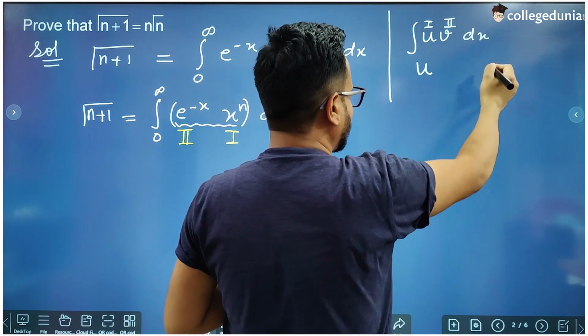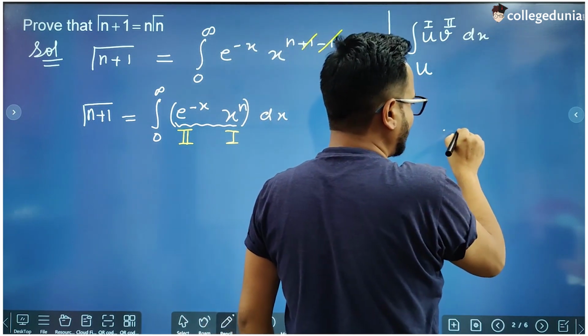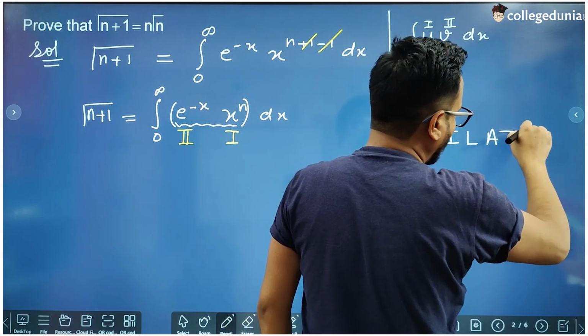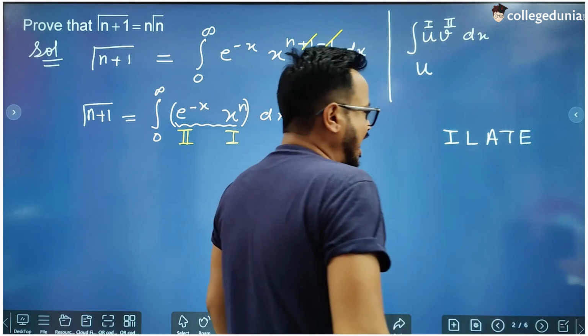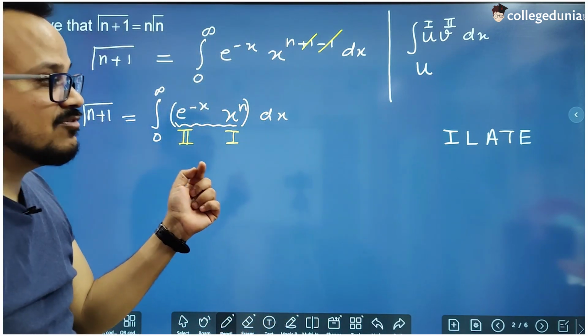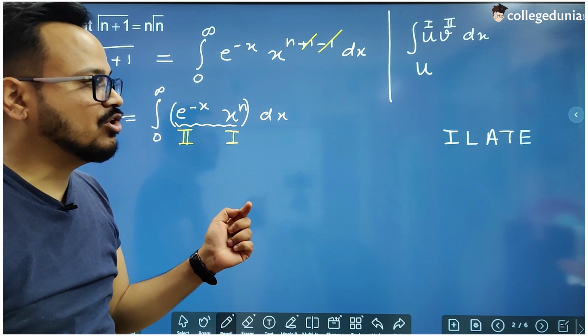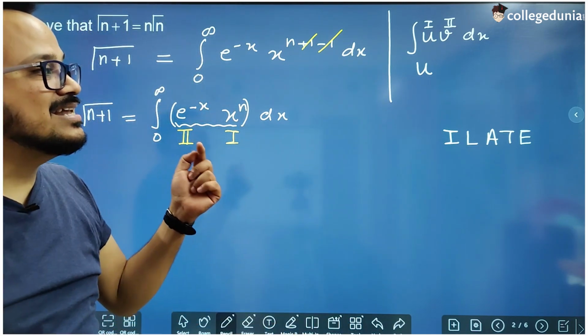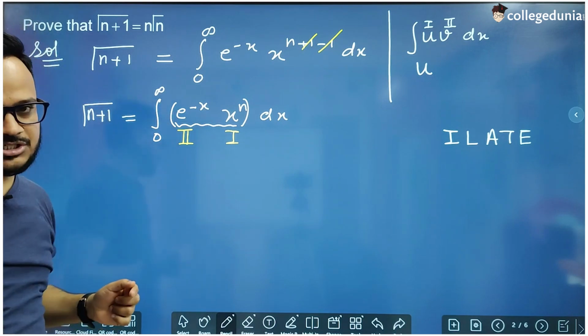How do we choose first and second function? We choose first and second function according to the ILATE rule. ILATE rule is what? I stands for inverse trigonometric functions, L stands for logarithmic functions, A stands for algebraic functions, T stands for trigonometric functions, and E stands for exponential functions, right?